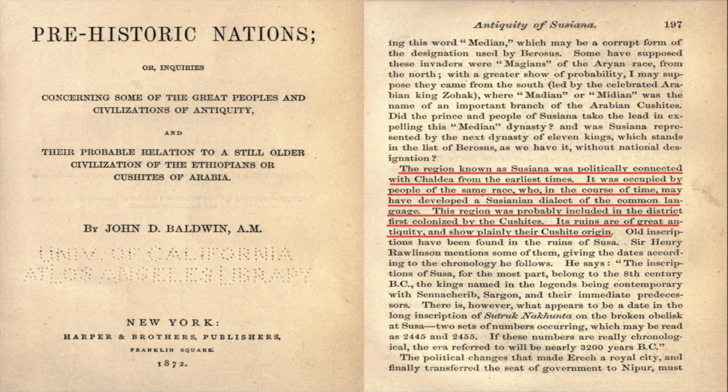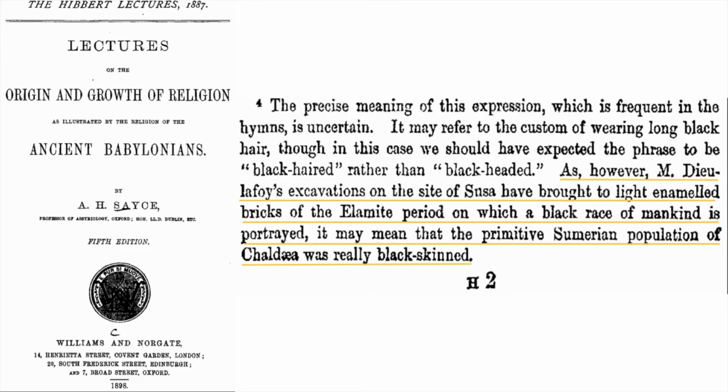This region was probably included in the district first colonized by the Cushites. Its ruins are of great antiquity and show plainly their Cushite tongue." So basically, John D. Baldwin is saying that the people of Susiana and Chaldea are from the same race. And Susa, by the way, is the capital of Elam.